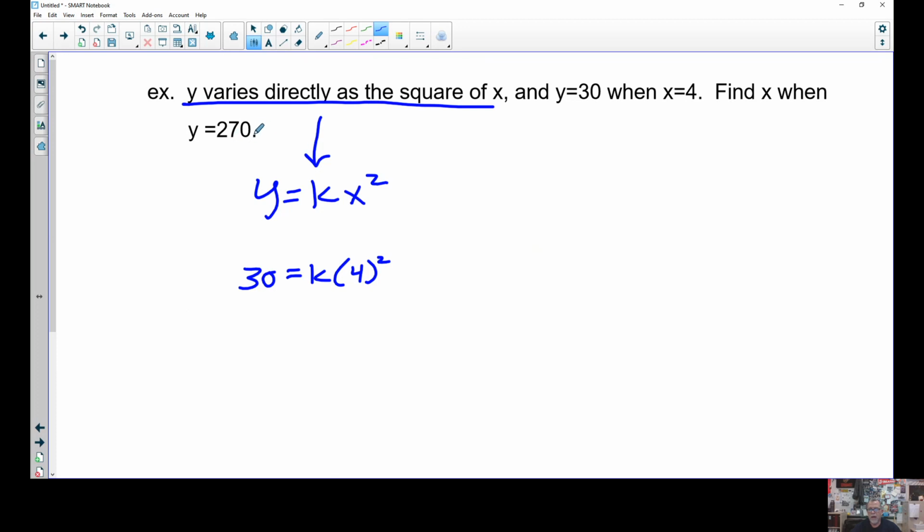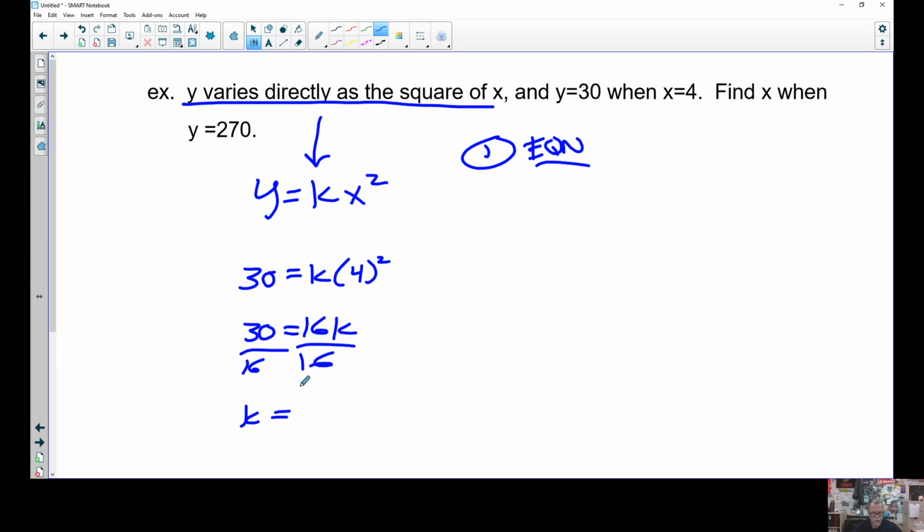Well, there's two steps to this. I need to first find the equation. That's step one. And then plug in y. So first part is find the equation. So I need to do this. 30 equals 16k, and I divide everything by 16. And I get k equals, well, 30 over 16 is 15/8, I believe.